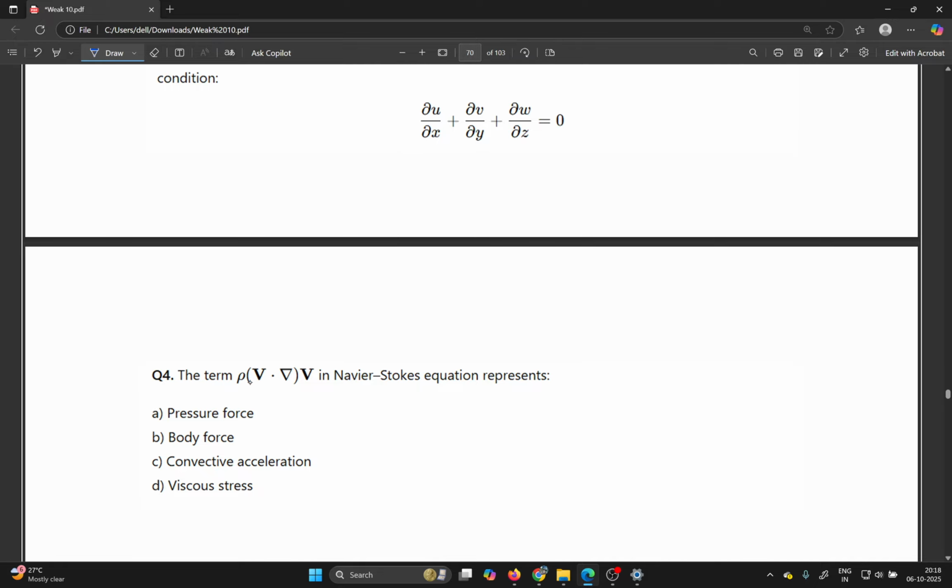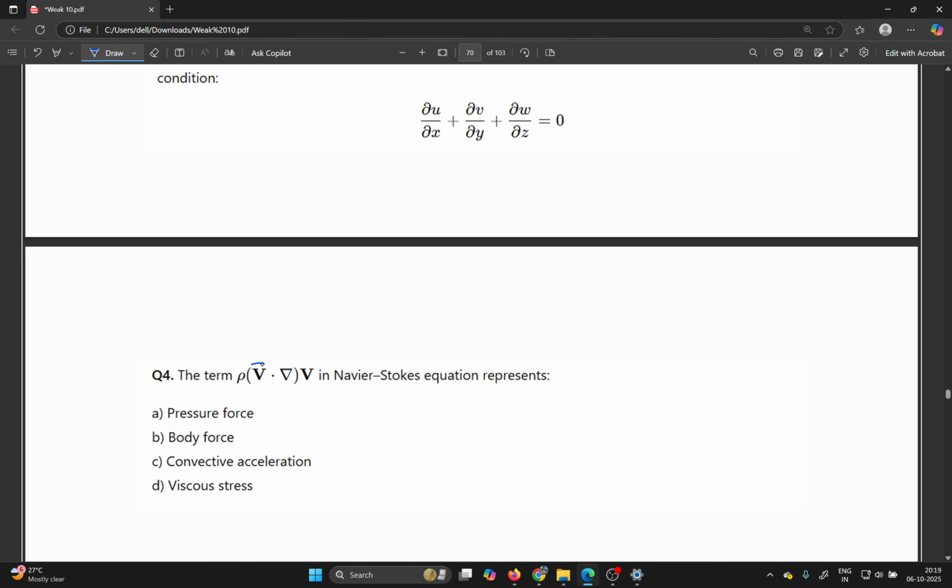This term rho v, as we have discussed very precisely in the previous question and with the derivation also, just think on that. The term rho, velocity dot del operator, into again your velocity vector.